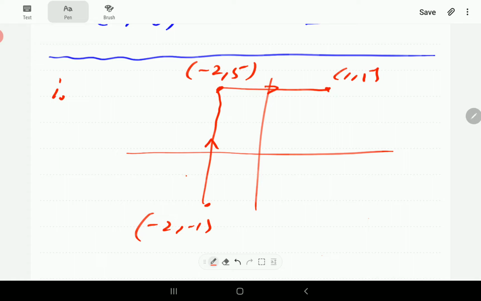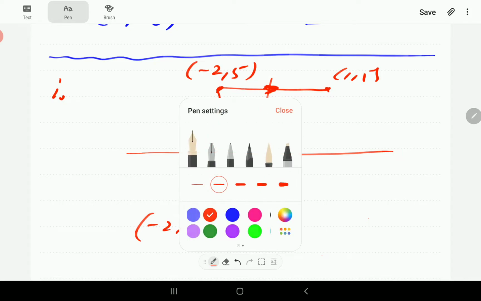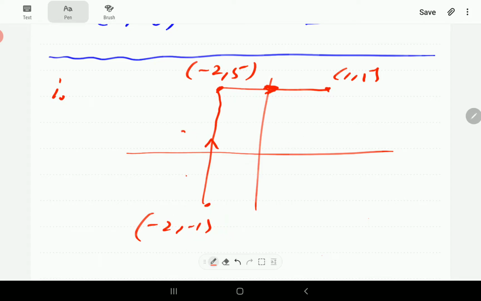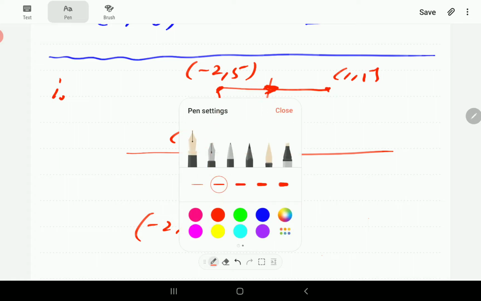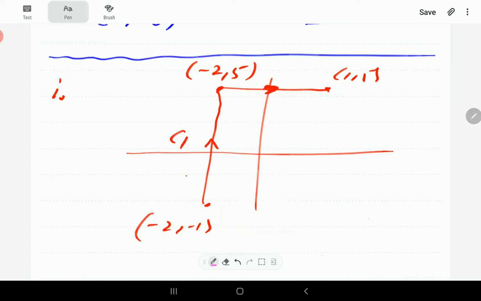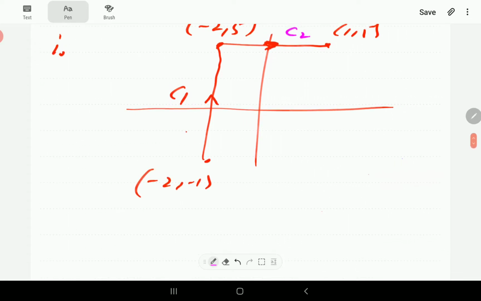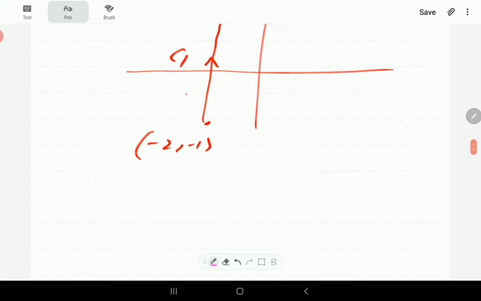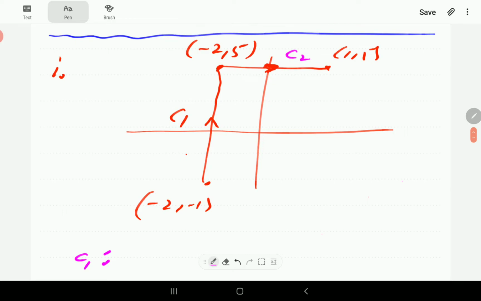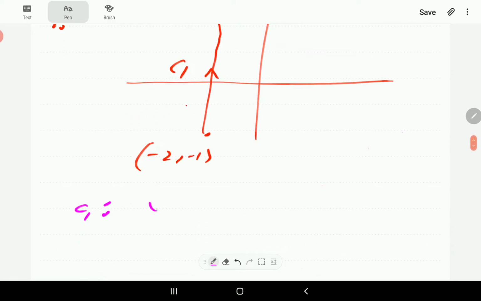Now, since it's got two segments, let's call the first one C1, and the other one C2. So we need an equation for C1. The equation for C1 is going to be x equals -2.